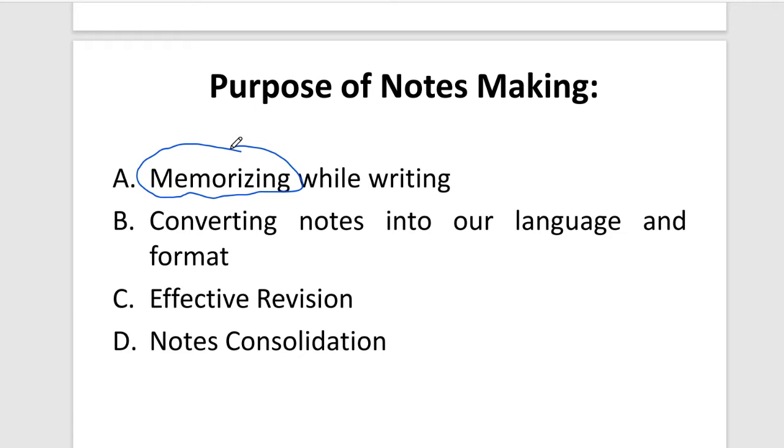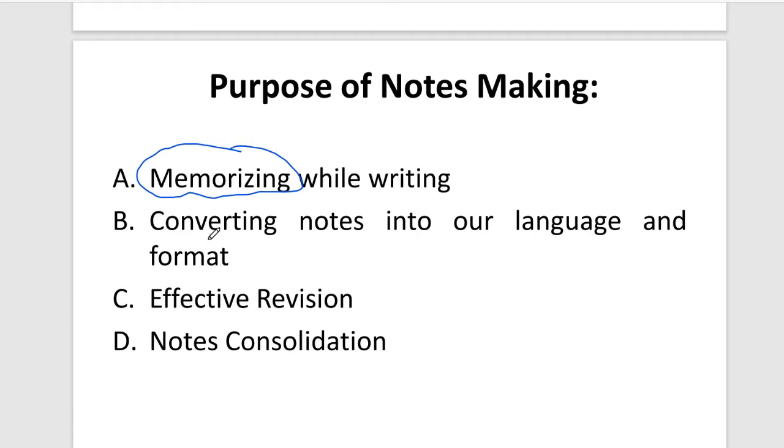Whenever we read something and translate that reading into writing, then naturally, while the process of writing goes on, the steps get into our permanent memory, and that helps in memorizing the facts. So this is the first purpose of notes making.